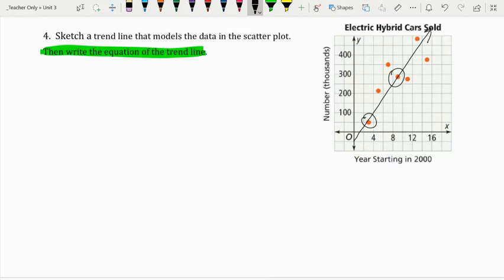Could you have picked 2 other points? Absolutely. But I do feel like these 2 represent the line pretty well. So let's think about what these 2 points are. The bottom left looks like it's a little more than 2, probably about 2.5, and it looks like it's going up 50. The right point looks like it's at about 9.